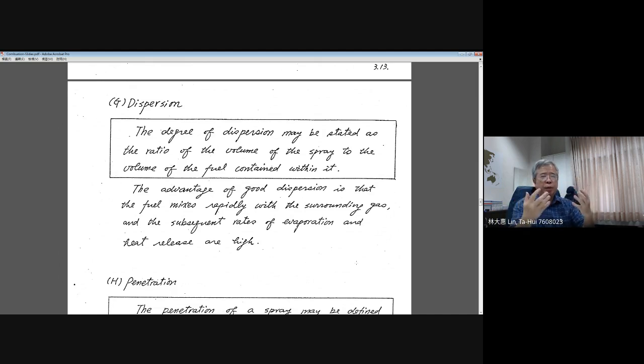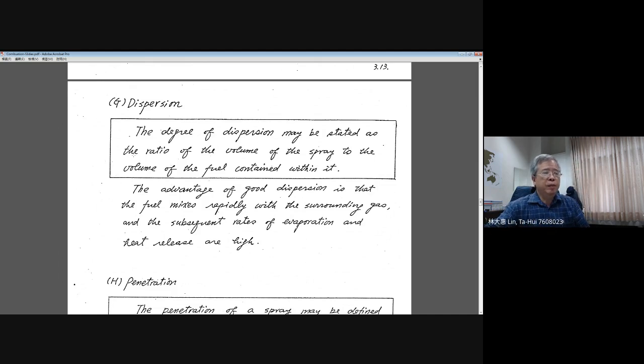But inside the spray volume, you have some droplets and also some gas phase. If you calculate the total volume of liquid, you can compare this liquid volume with the spray volume.